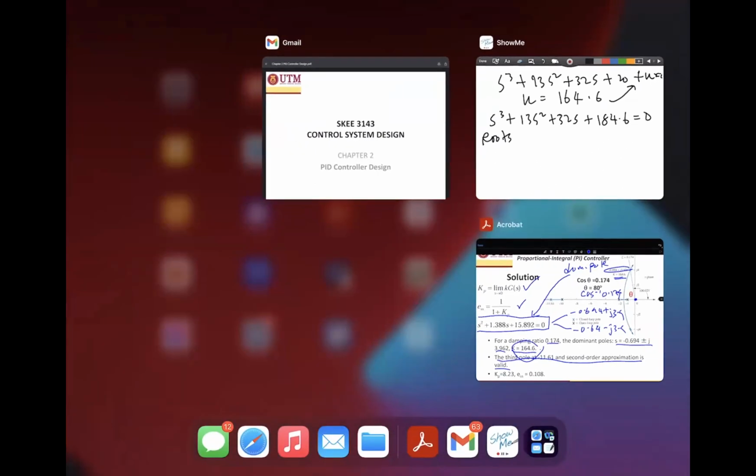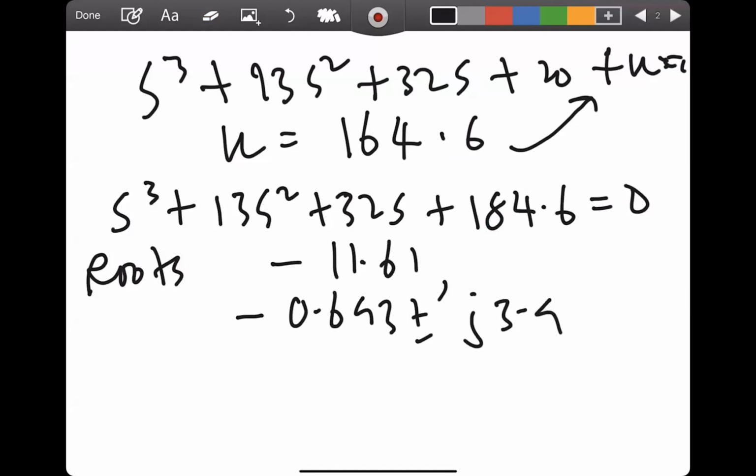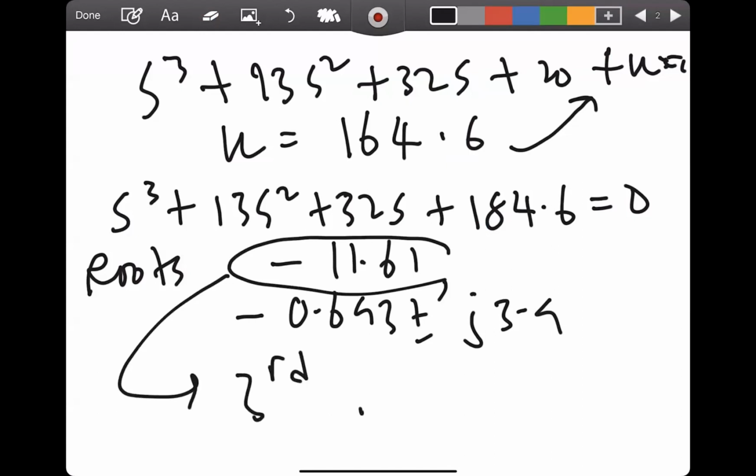Minus 11.61. The others? Minus 0.693 plus j3.9 and minus 0.693 minus j3.9. Okay, so this is how I get minus 11.61, which is known as the third pole.